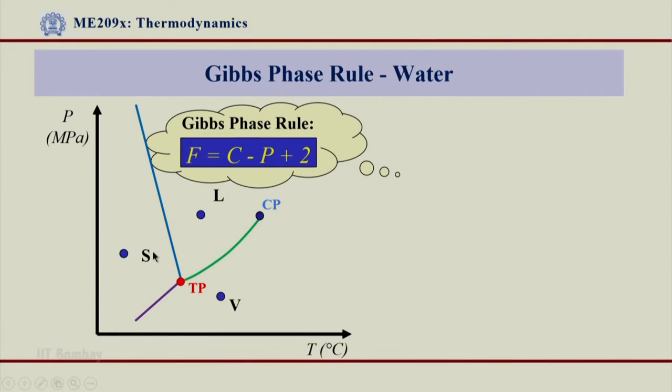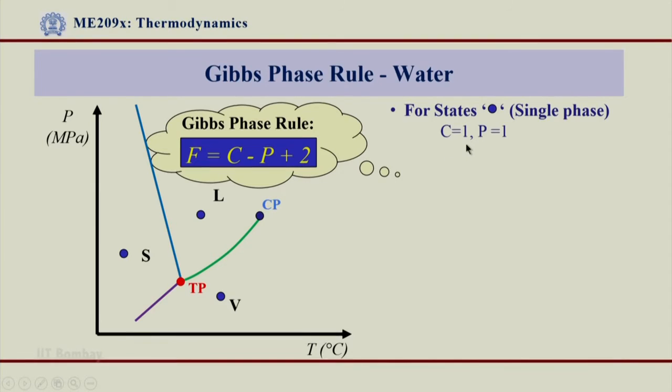Let us concentrate on this single phase region, which is the S, L or V region. We can apply it to any of these regions, and all these 3 regions are nothing but single phase regions. This is what is given by these blue dots over here. So, for states in the blue dot, which actually depict single phase in this PT diagram, let us apply this Gibbs phase rule.